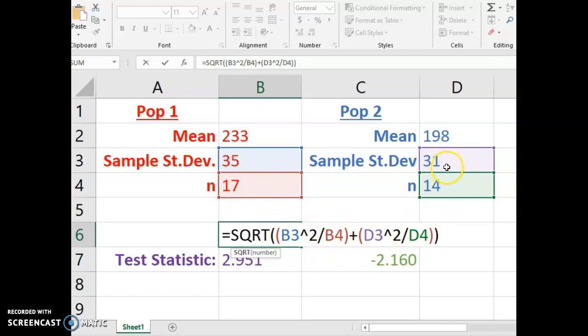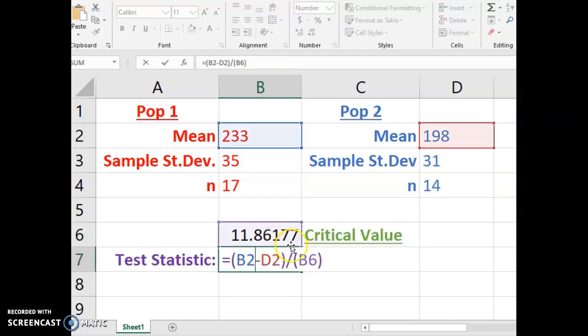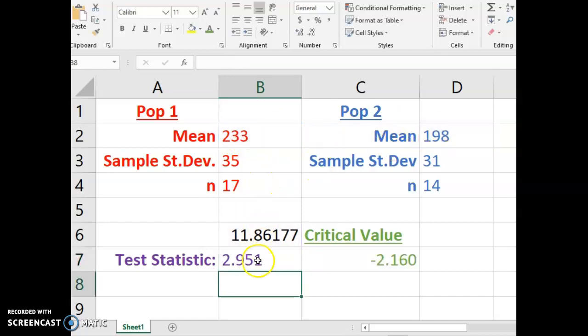And same with the second sample standard deviation squared, divide by the sample size. Add those two results together and take the square root of the entire calculation. That's what goes on bottom. And on top, we're finding the difference of the two sample means, subtract one from the other. So this gives us our test statistic for our two samples.